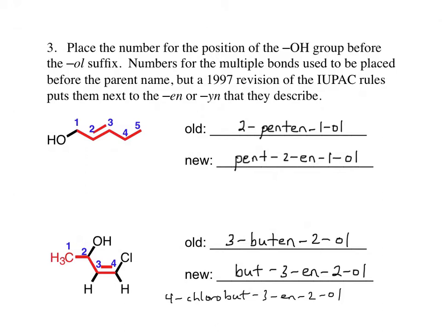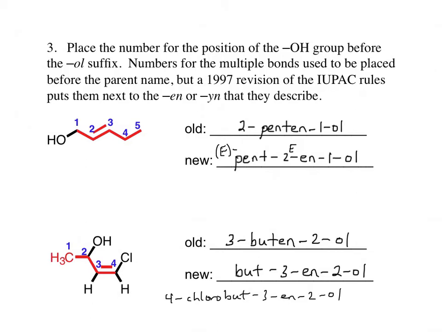We could say trans here and get away with it, but let's just be consistent and say E. Now, we could squeeze it in next to the 2, or alternately, you could put it out front in parentheses. Don't do both. If you put it out front in parentheses, a little dash goes there. So you do either out front or by the 2. Either way is acceptable, but don't do both.